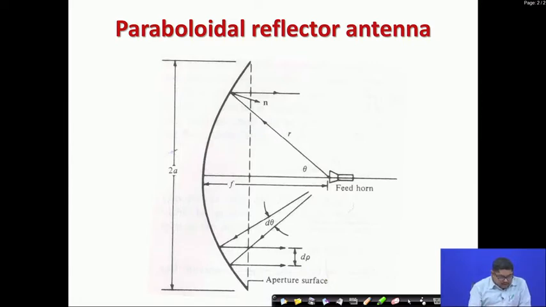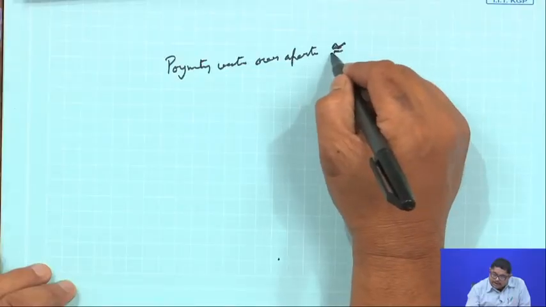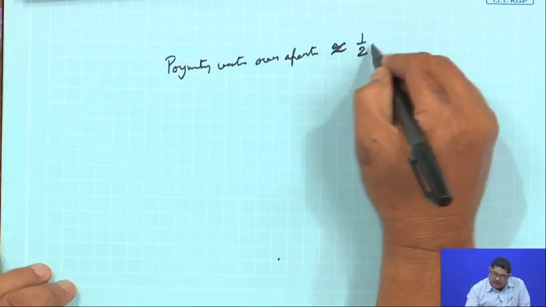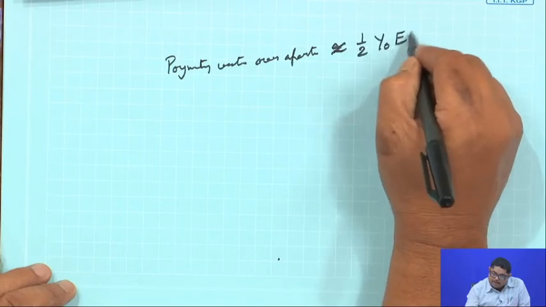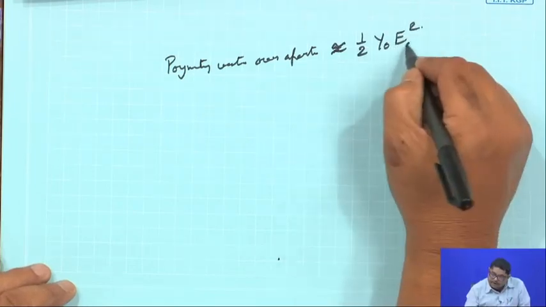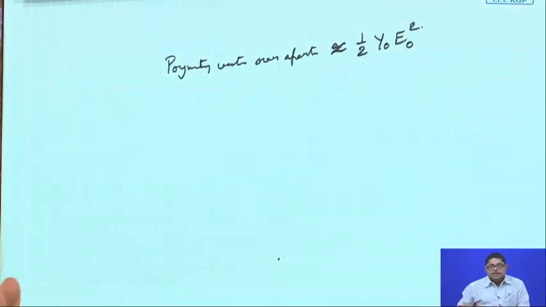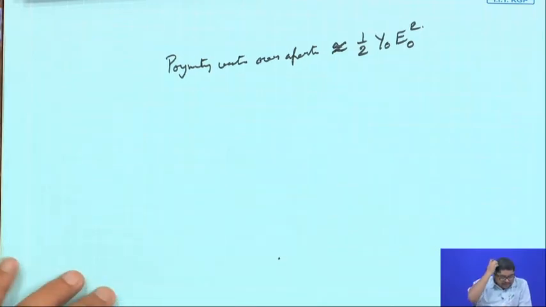So we can almost take it to be half y naught E naught square, just like the far field.